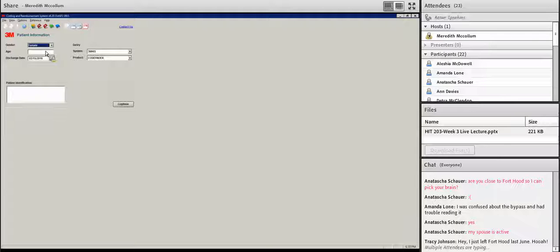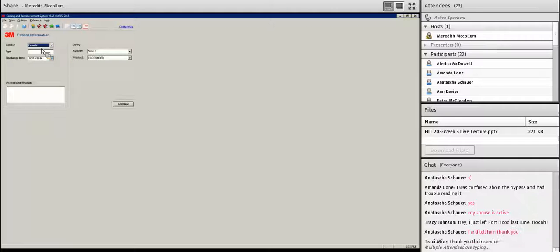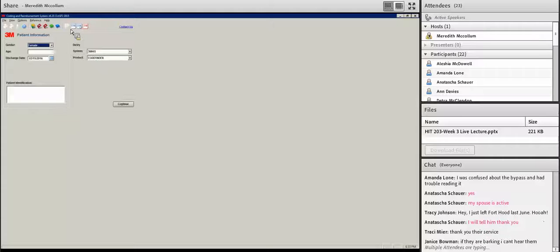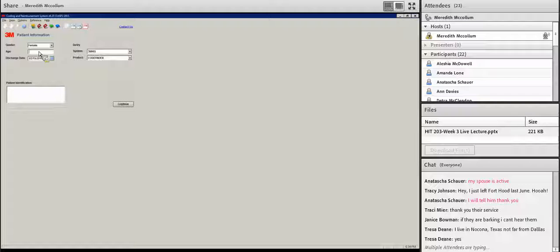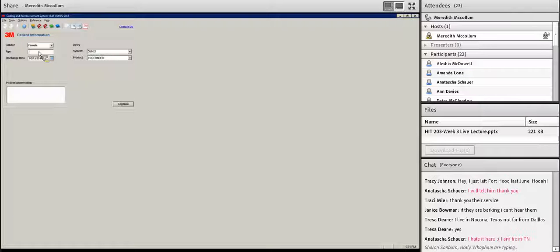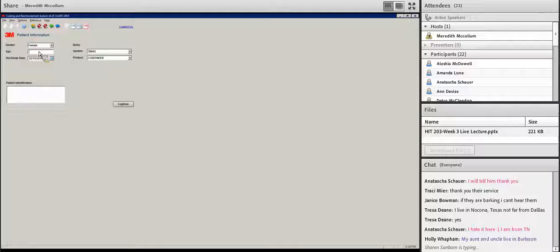Okay, so we're going to do it this way. I've never heard of Nocona? Okay, let's see. You know, I was born and raised in Tennessee. Born and raised in Knoxville.